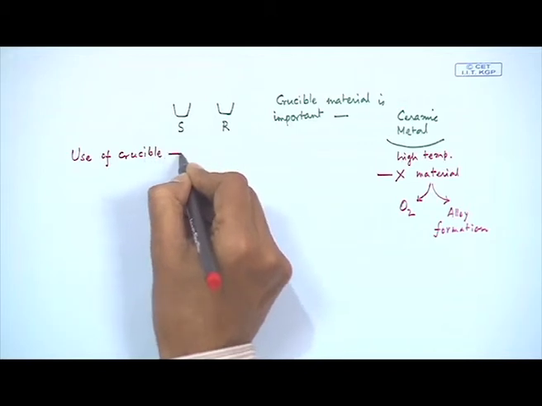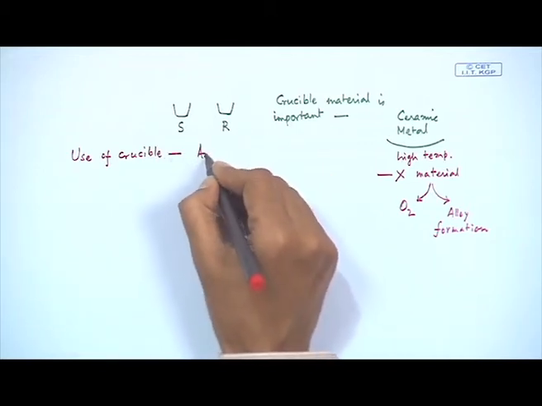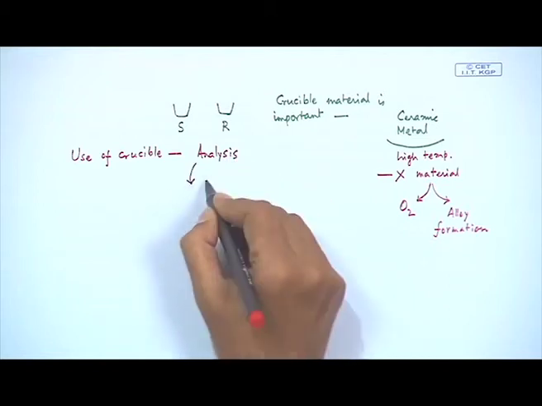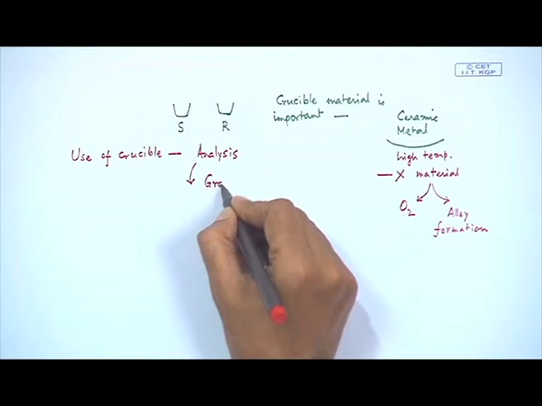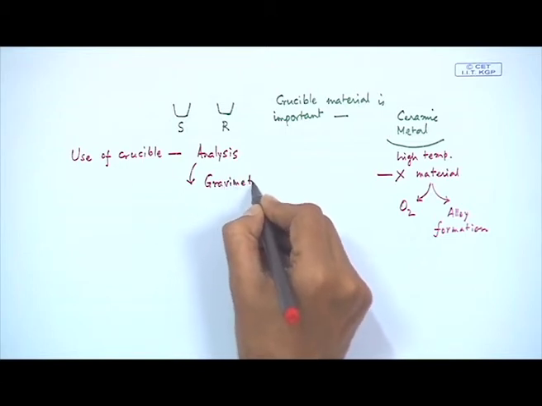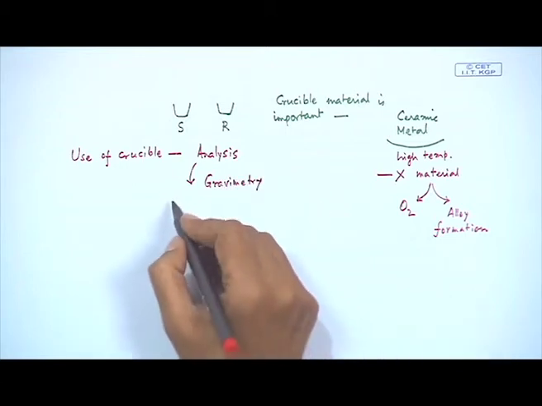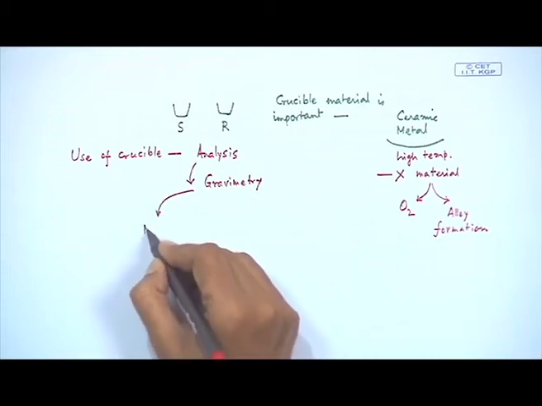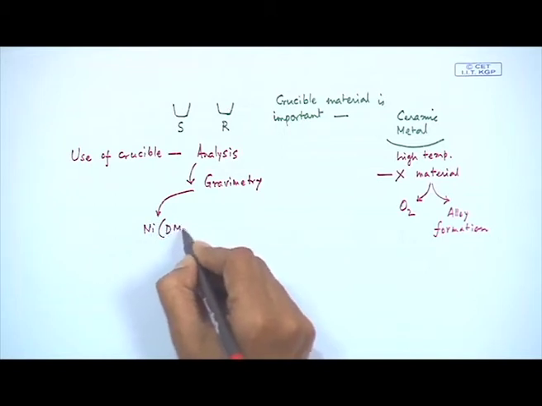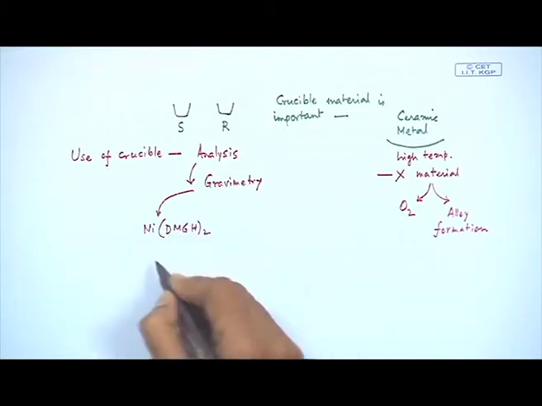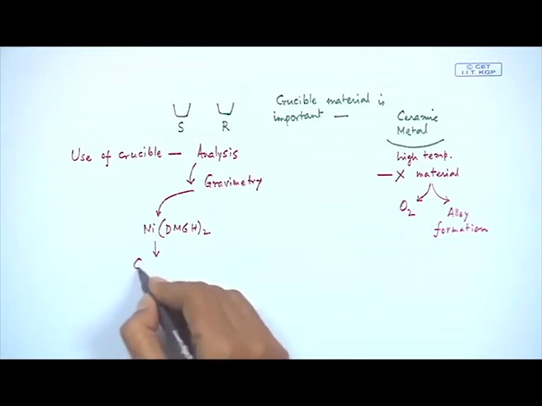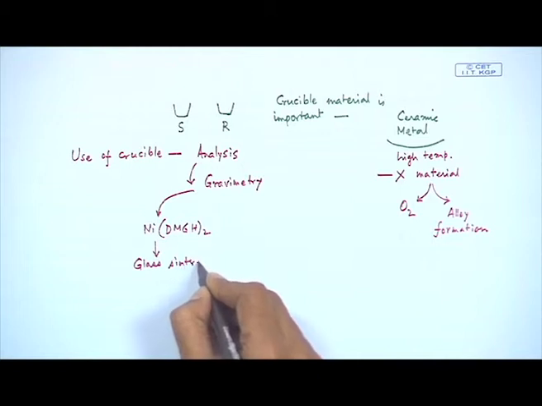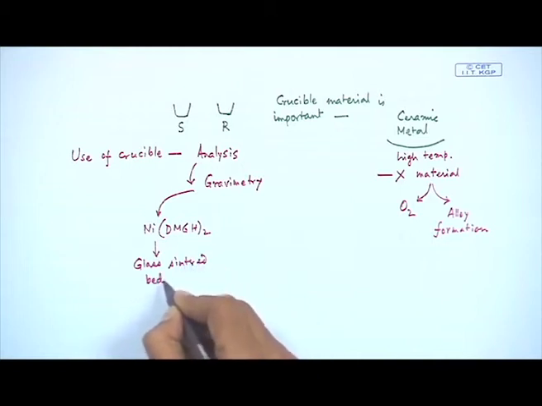when we do simple laboratory analysis, such as in gravimetric analysis or in gravimetry, we have seen that in some cases where we are precipitating nickel DMG, we use a glass sintered bed containing crucible.